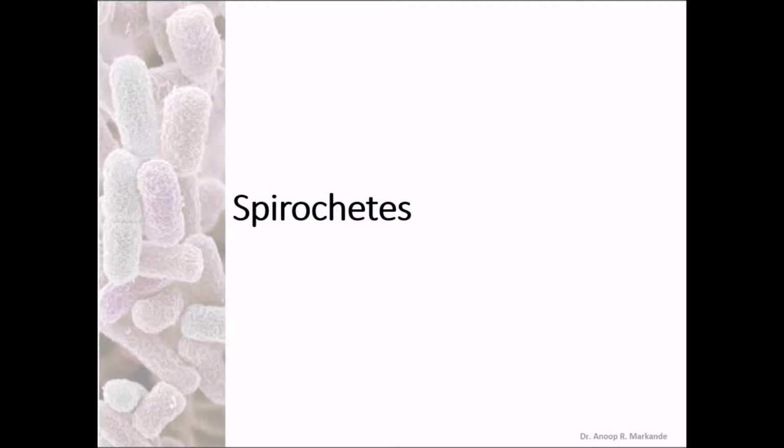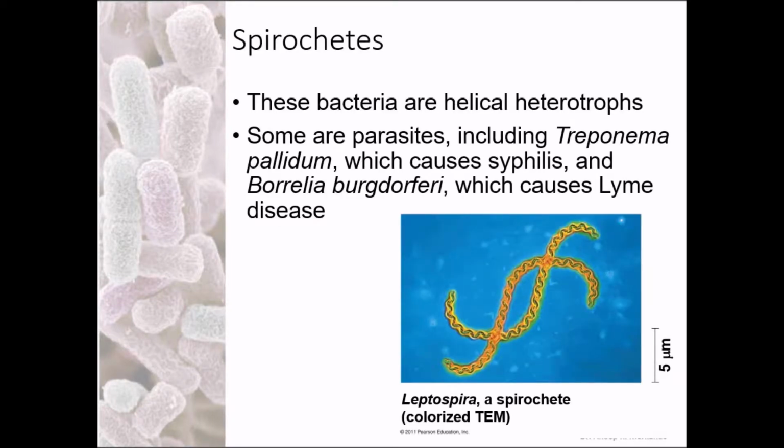In this, the first organism we are studying is spirochetes. What are spirochetes? Spirochetes are helical heterotrophs, as can be seen with the image.